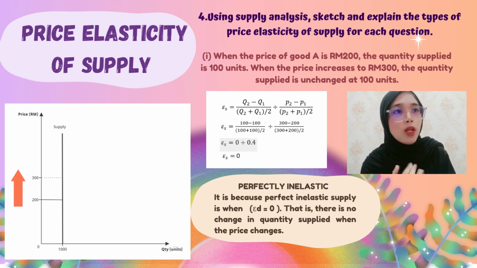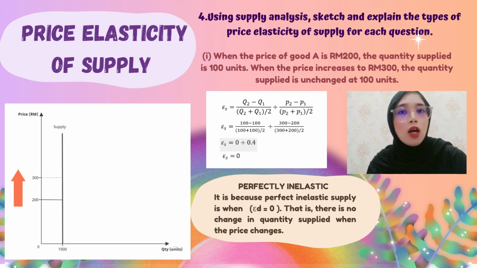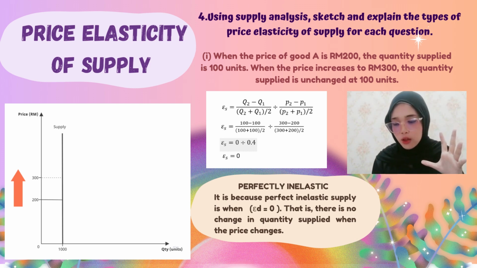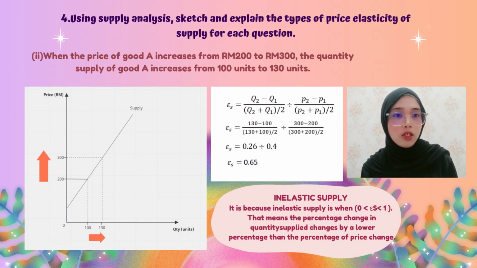For the price, P1 is 200 ringgit and P2 is 300 ringgit. I just apply all the items to the formula, and my final answer is 0. So the type of responsiveness is perfectly inelastic. It is because perfectly inelastic supply occurs when the price elasticity of supply equals 0. So the graph shape will look like a vertical supply curve. So let's move on to the next question.